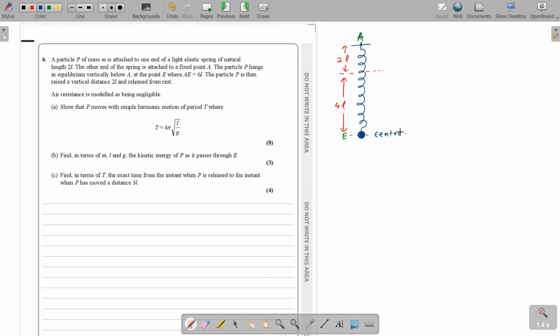If you raise it a distance 2L above the center and release it, it means the amplitude of your simple harmonic motion is going to be 2L, because that is the maximum displacement above the center. So from that point onwards, you have SHM with amplitude 2L around the center. Okay, so how do we show that it moves with this SHM?